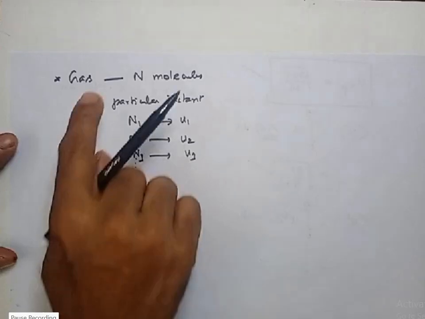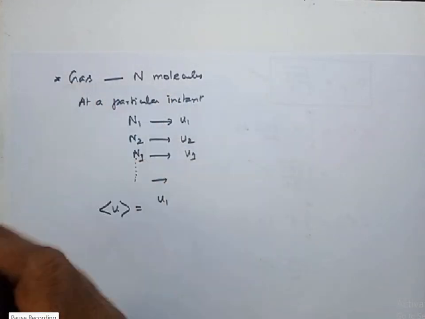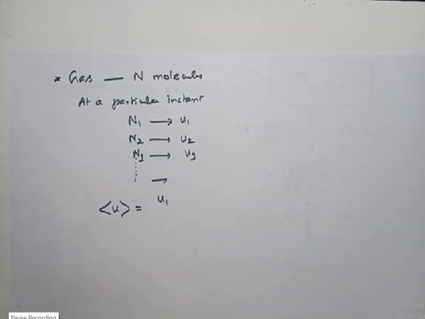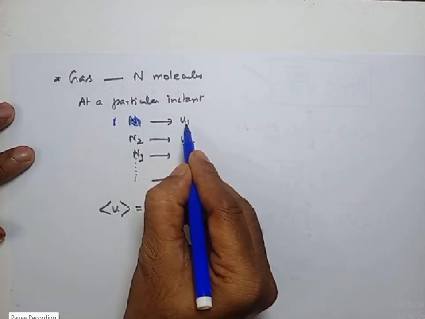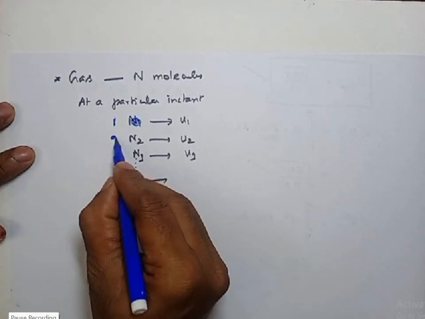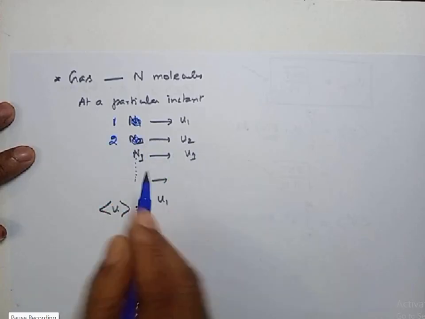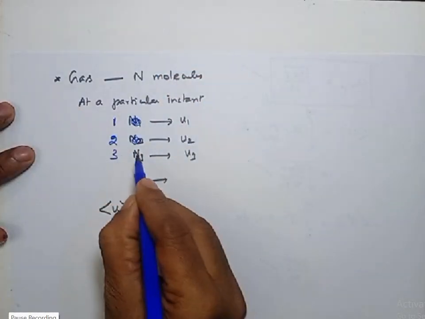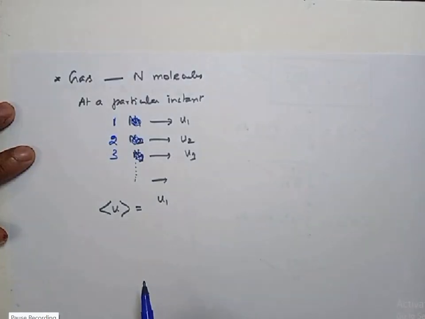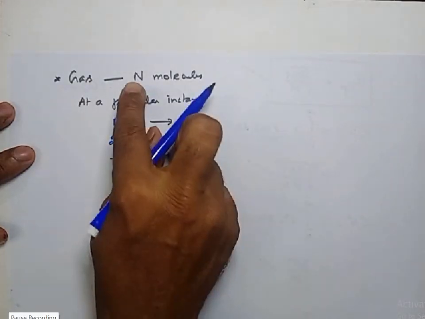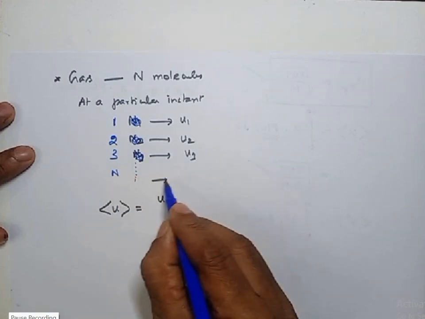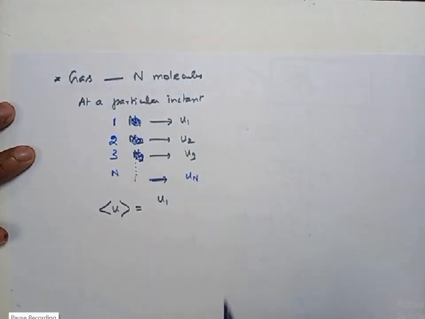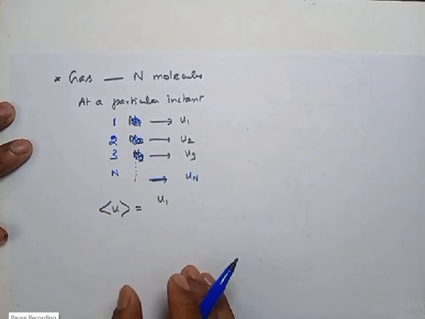So, I have a gas with n molecules. At a particular instant, molecule 1 has some velocity u1, molecule 2 has velocity u2, and molecule 3 has some velocity u3. Then molecule n, since we have n molecules in total, has some velocity un at a particular instant of time.